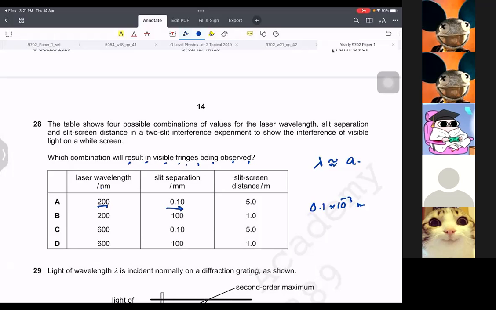And if I want to change it to nano, I have to multiply by 10 raised to a power, somewhat like 10 raised to minus 9, right? So I need to increase by 6 powers of ten. This will be huge, like 1, 2, 3, 4, 5, 6.